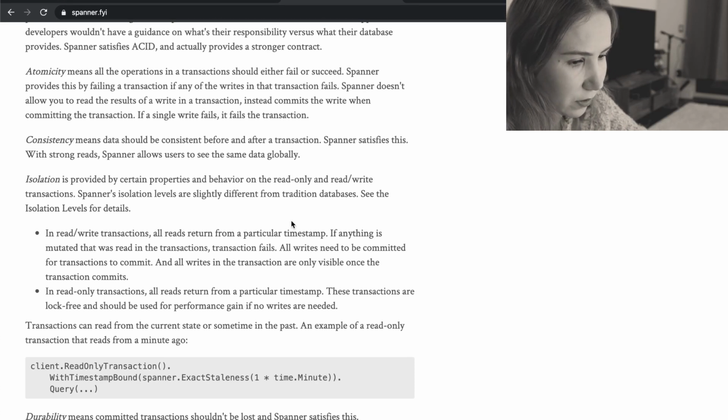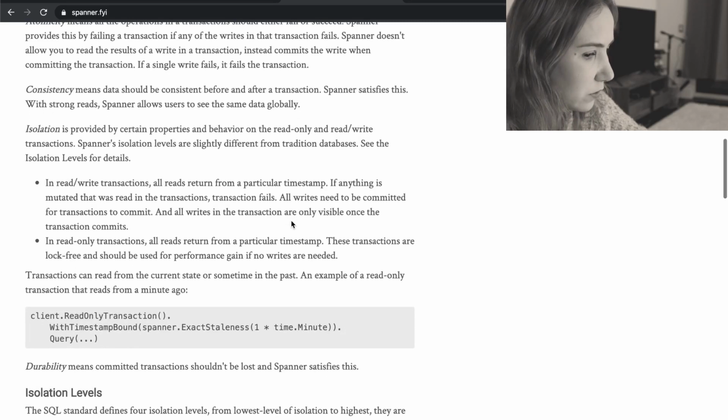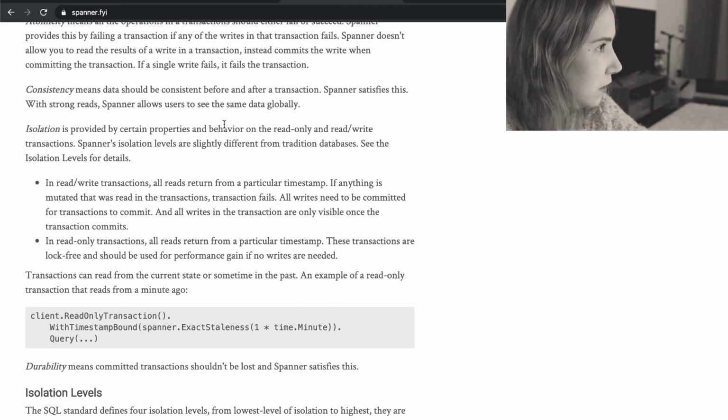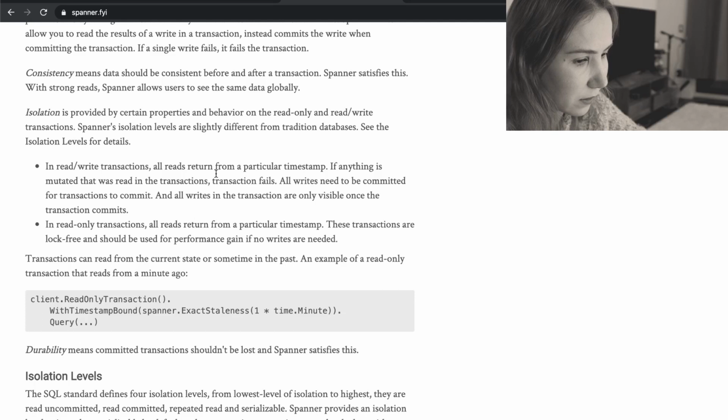And I'll explain more on that. And then for isolation, this is an interesting topic, because Spanner doesn't have typical isolation levels that other traditional databases have. It actually provides something stronger, and I'll get back to that.